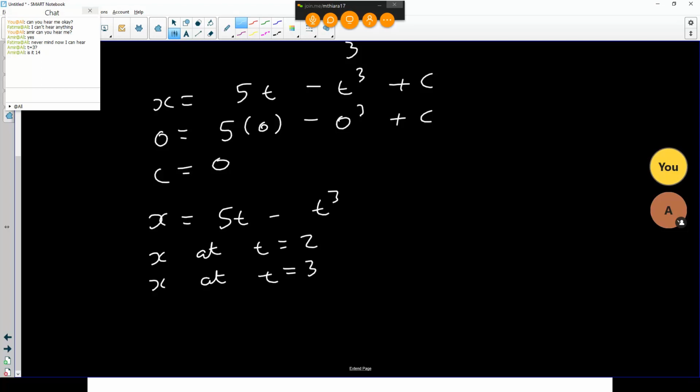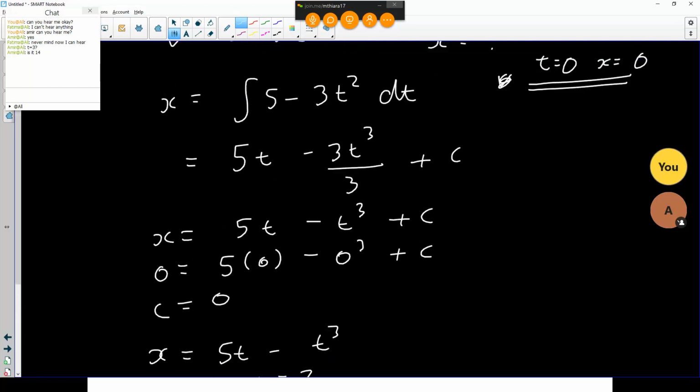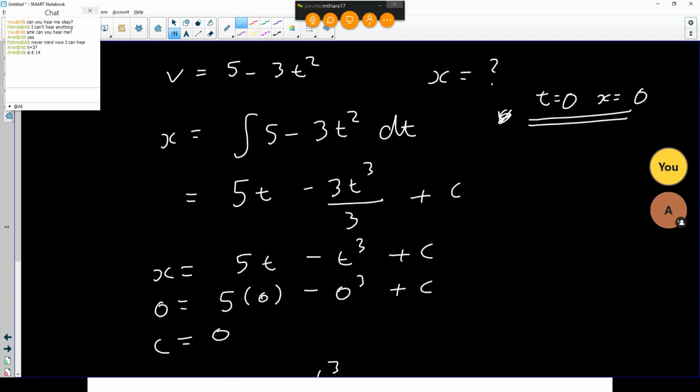Another way to think about this is I've been given the velocity formula here, and I need to work out the distance travelled. Now the distance travelled is the integral, or the area underneath the velocity time graph.